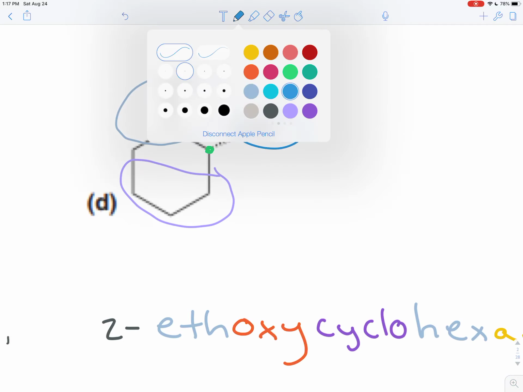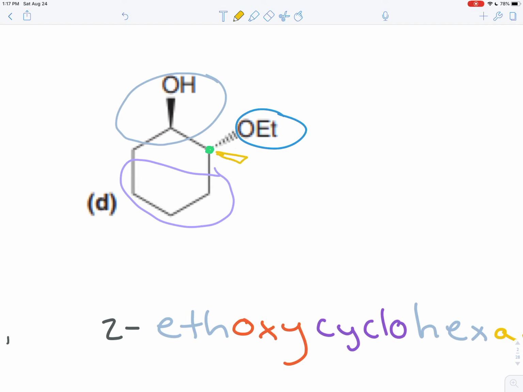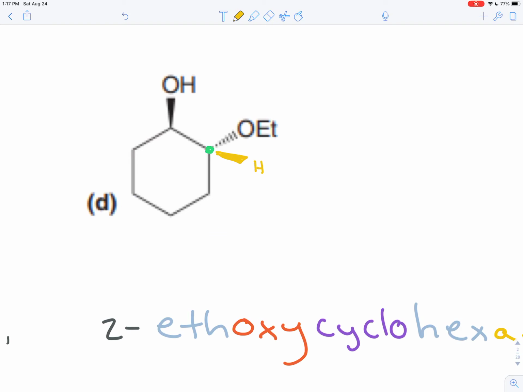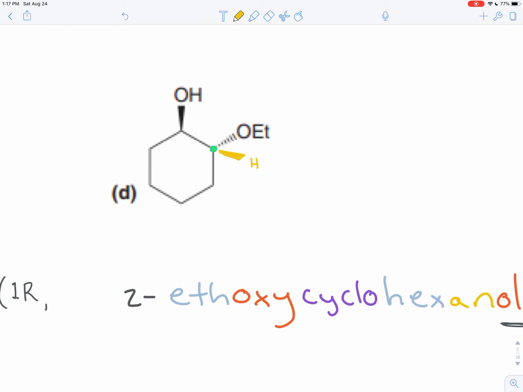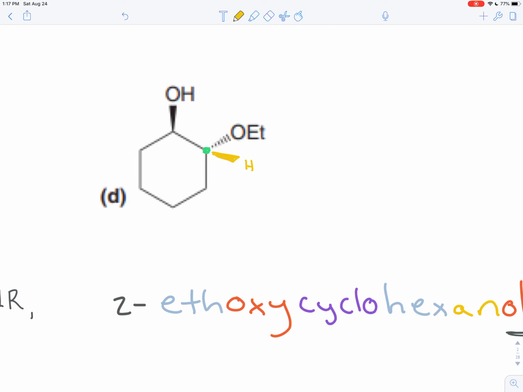That's a third thing. And then invisible, coming out at us, would be hydrogen. That would be a fourth thing. And I know it's coming out at us because you have two bonds in the plane, one going away from you and one coming out at you. So, we do have four things, and this is a chiral center, so we have to say whether it's the right hand or the left hand version of this atom.